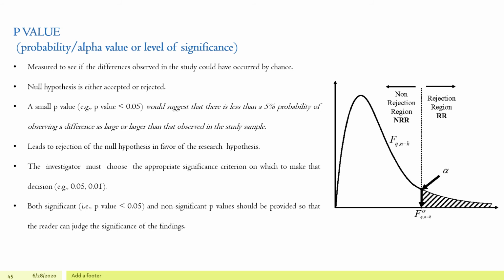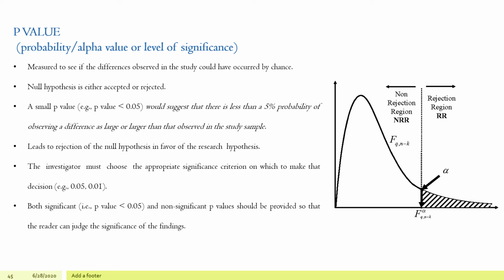The investigator must choose the appropriate significance criteria on which to make that decision. You have to fix beforehand whether your data collection is 95% correct or 99% correct. If it is 95%, then it is 0.05. If it is 99%, then it is 0.01. If you have decided on a 99% confidence interval, then this critical value will shift to somewhere here.